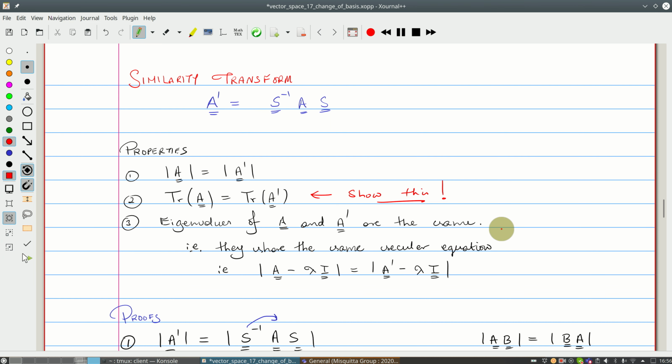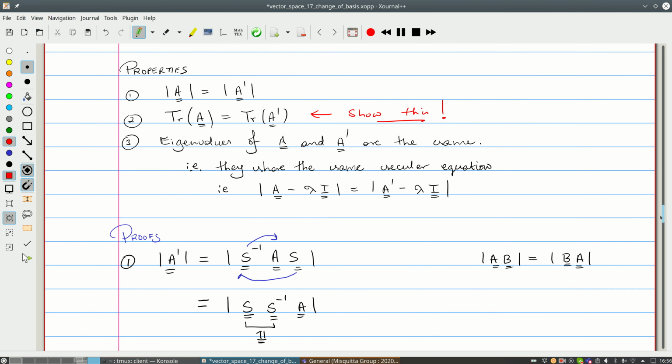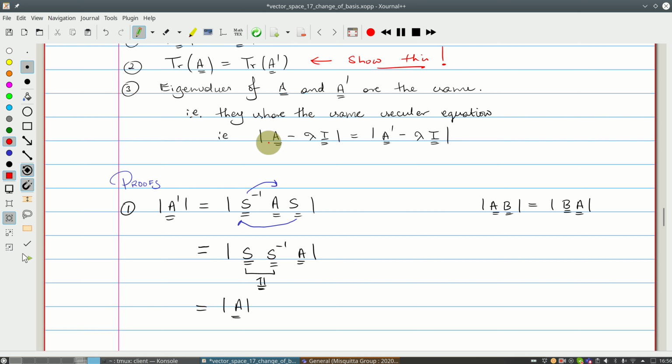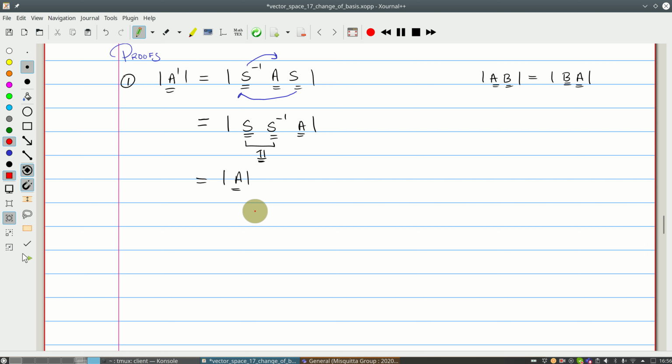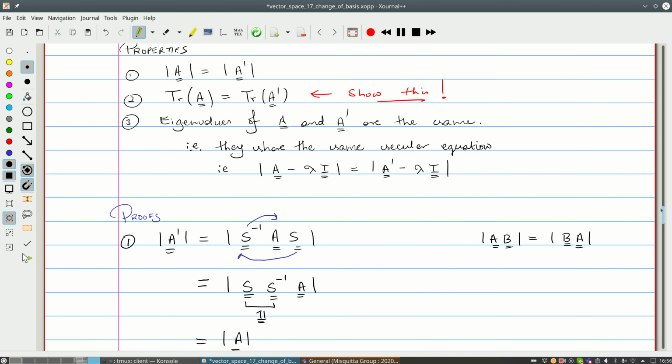Okay, now let's have a look at the third one, the eigenvalues. So we need to show that the secular equations, so these determinants, are in fact the same. And as before, we're going to start from here and show that it's equal to this one here. Okay, so this is number 3. So start with A prime minus lambda I. Here, by the way, you notice what's happened here.